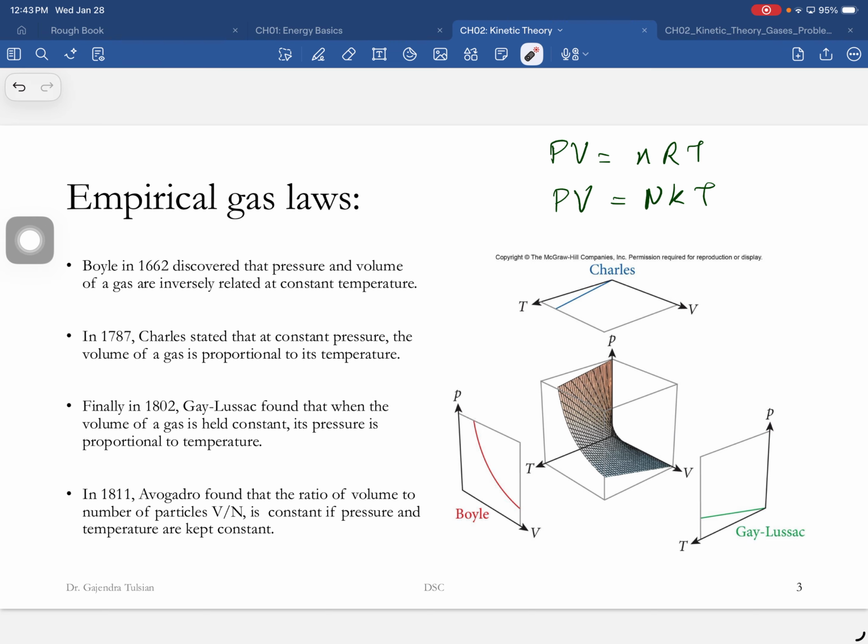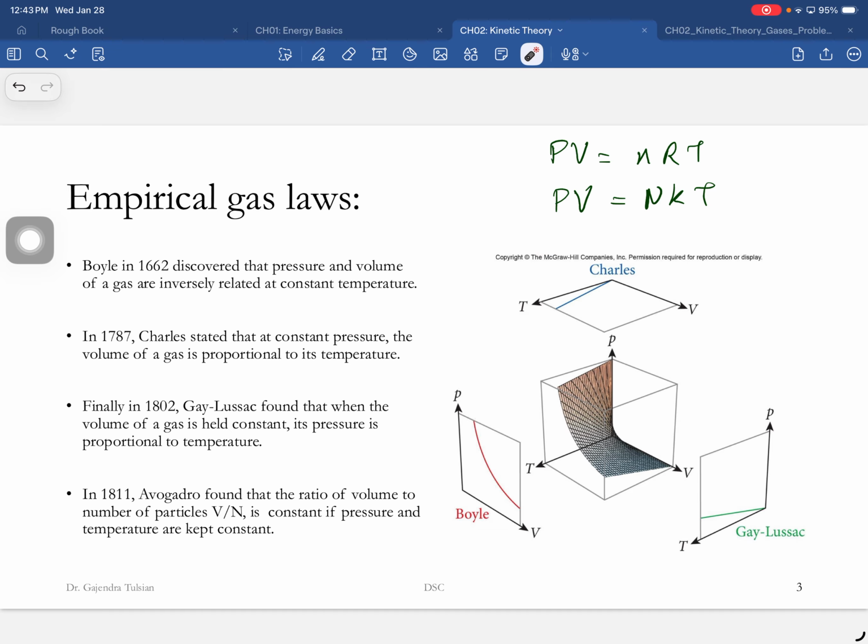In 1811, Avogadro found that the ratio of the volume to the number of particles, V over N, is equal to kT over P. What Mr. Avogadro found is that the ratio of volume to number is constant if pressure and temperature are constant.